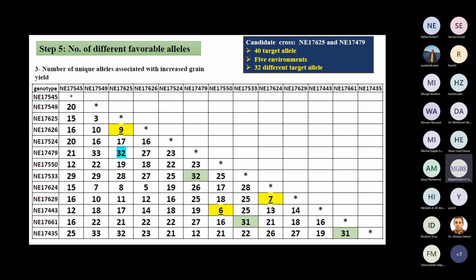Because the two candidate genotypes have 40 different target alleles among the highest 50 genotypes in 5 environments, and they have about 30 different genes in each genotype. This way, you can confidently go for crossing and for the future breeding program.